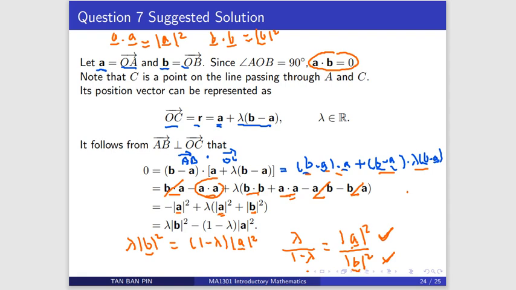So from here, you see that actually magnitude of A squared is positive, magnitude of B squared is positive. So lambda should be positive, 1 minus lambda should be positive. So with that, actually magnitude of lambda over 1 minus lambda with magnitude should be same as lambda over 1 minus lambda.